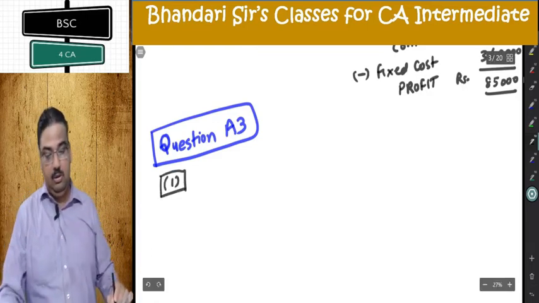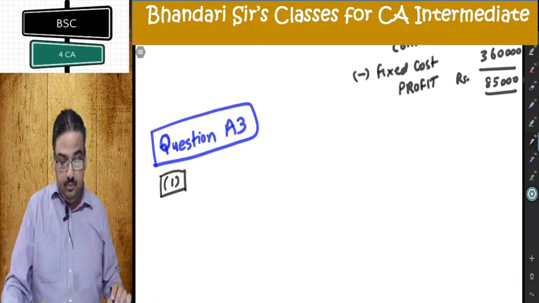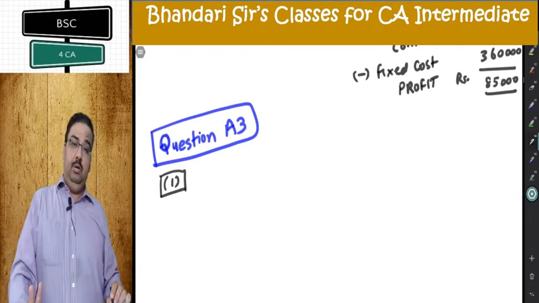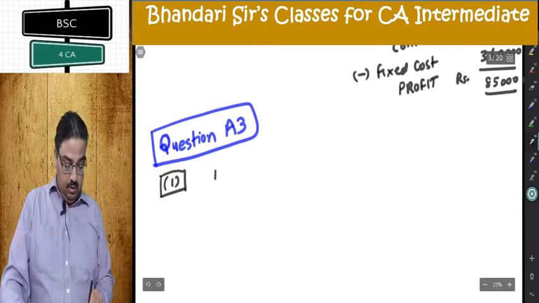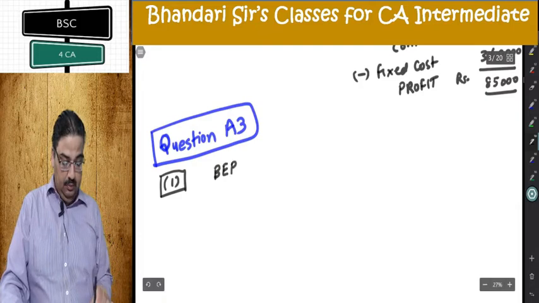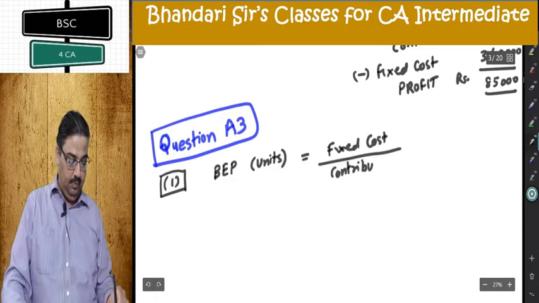First part requirements. Calculate break-even points. When he says break-even point, I compute both in units also, in rupees also. So break-even point in units, fixed cost divide by contribution per unit.